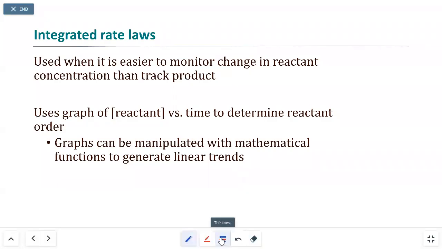Okay, so we're going to move on then into the next method, the method of integration, the integrated rates.